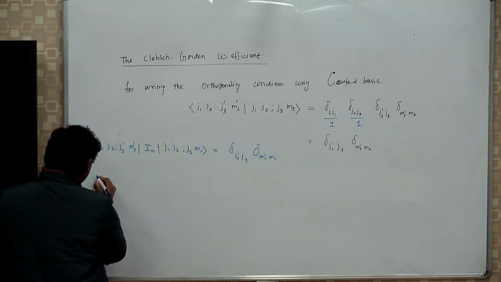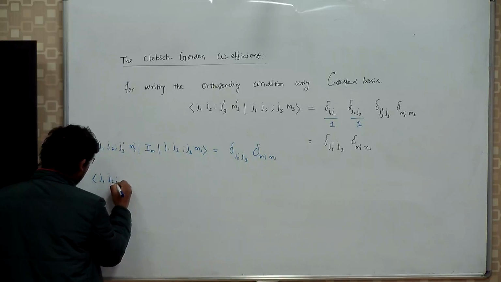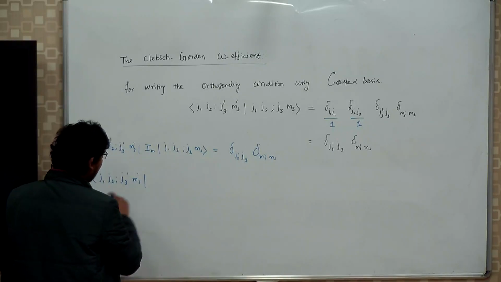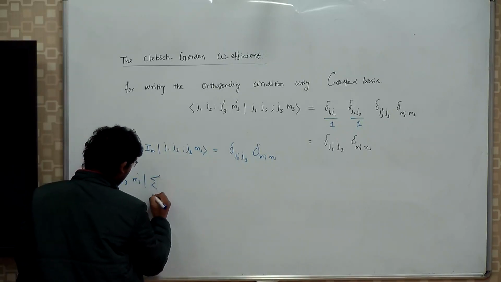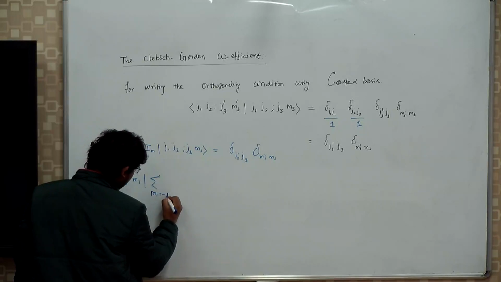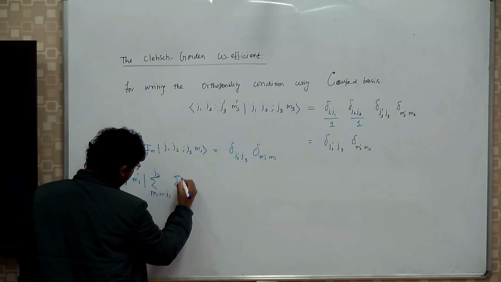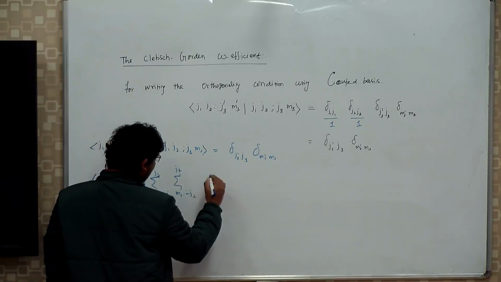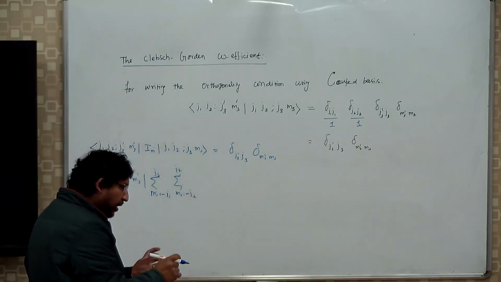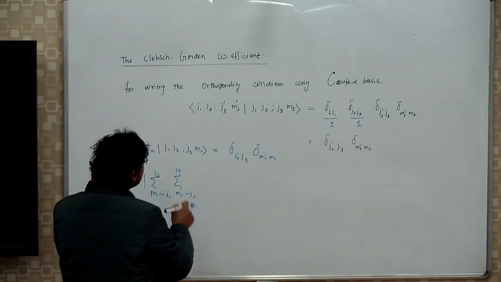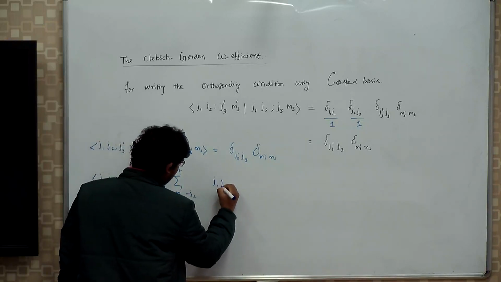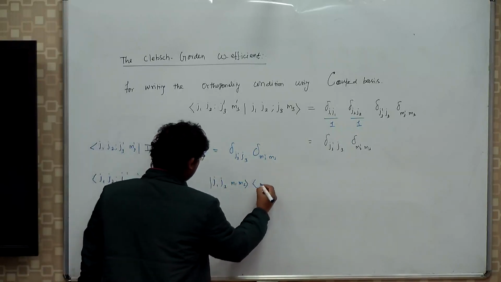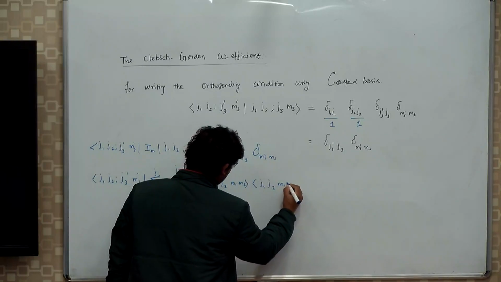Now let me write <j1 j2 j3' m3'|, and here it should be the uncoupled basis. So sum over m1 from minus j1 to j1 and sum over m2 from minus j2 to j2. The completeness relation is the outer product between the two uncoupled bases, so |j1 j2 m1 m2><j1 j2 m1 m2|.